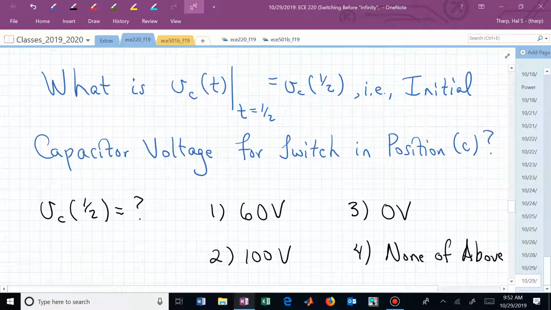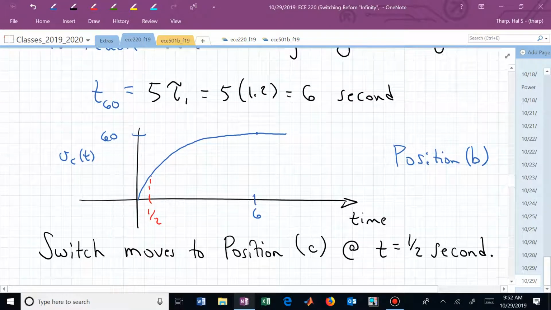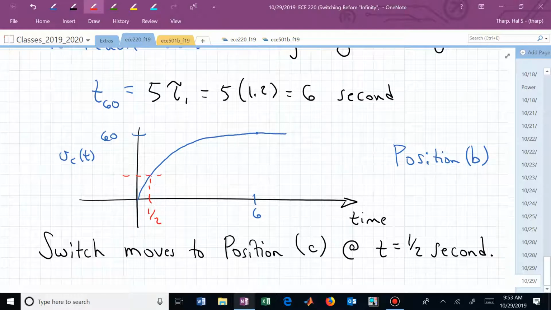So I drew the curve before, and I actually gave you the answer, didn't I? What is the voltage at 1/2? We're trying to get to 60, but we're not quite there, are we? We're far from there. We are now, whatever we are on that exponential curve, at time t equal 1/2.